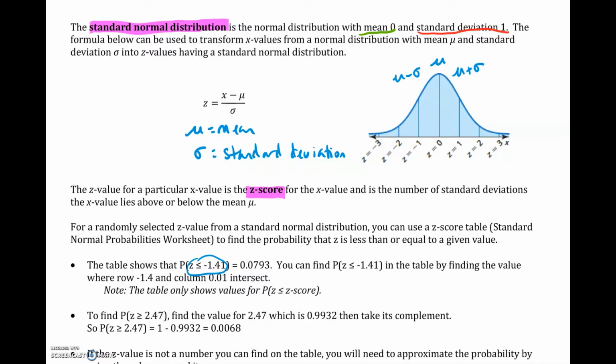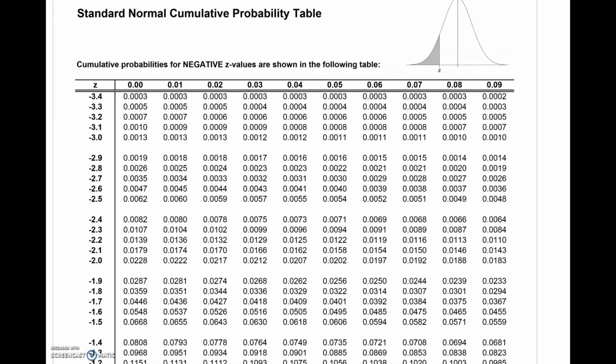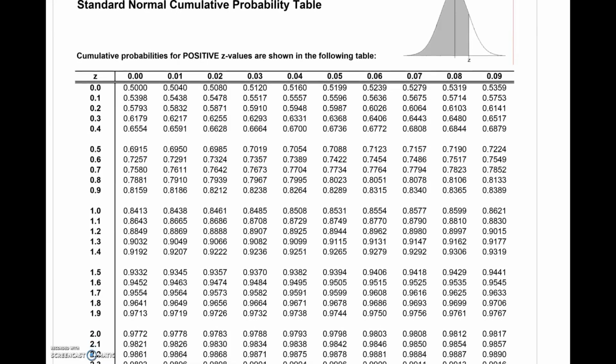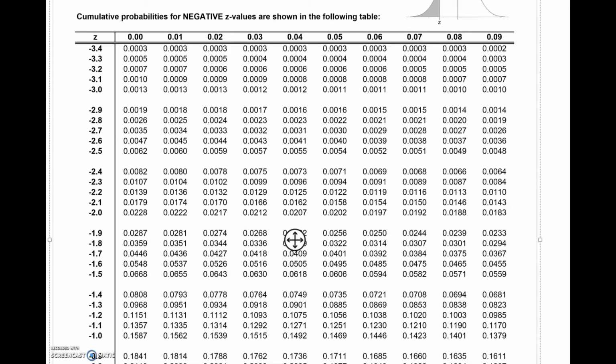So I'm going to go ahead and switch to my z-score table. And here we go. You're going to notice we have two tables. I have the negative table here, and I'm going to scroll below, and you've got the positive table. What you see here is, if you remember stem and leaf plots, you've got the ones place and the tenths place of the z value, and then these are your hundredths.